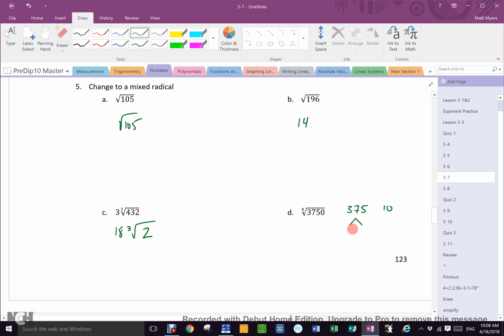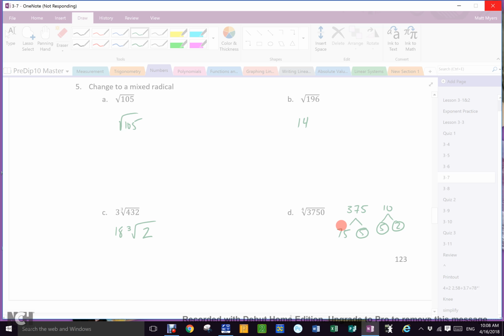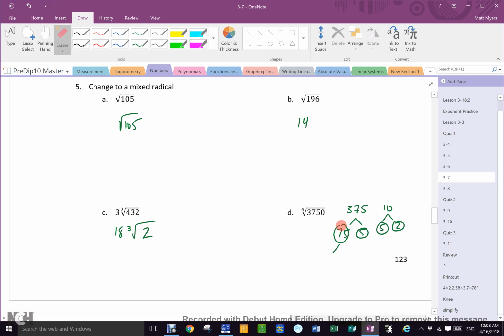Then I would break that down into 2 and 5. Then I would break that down into 5 and 75. Then I would break that down into 5 and 15, and I would break that down into 5 and 3.